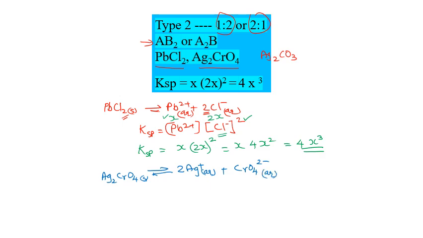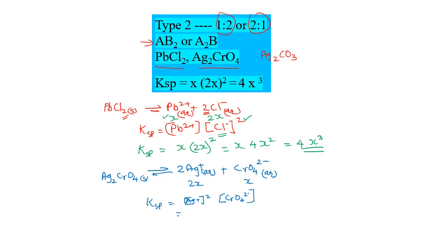So what are we going to do here? Again, we can write in terms of x, 2x, and this is going to be x. So we can write Ksp equal to the concentration of product, which is going to be Ag+ to the power 2, and the concentration of the other ion, the anion CrO4 2-.